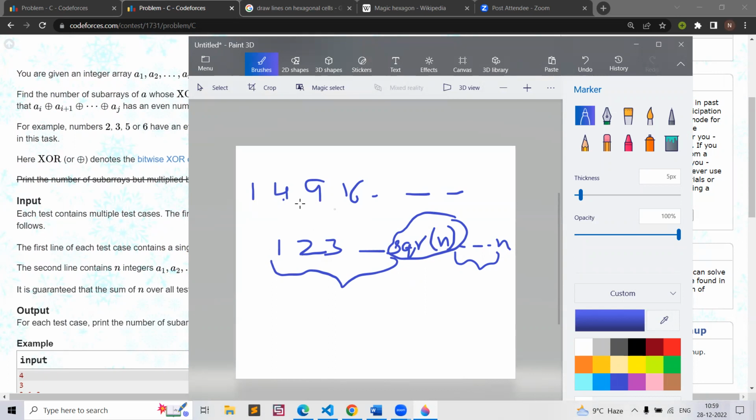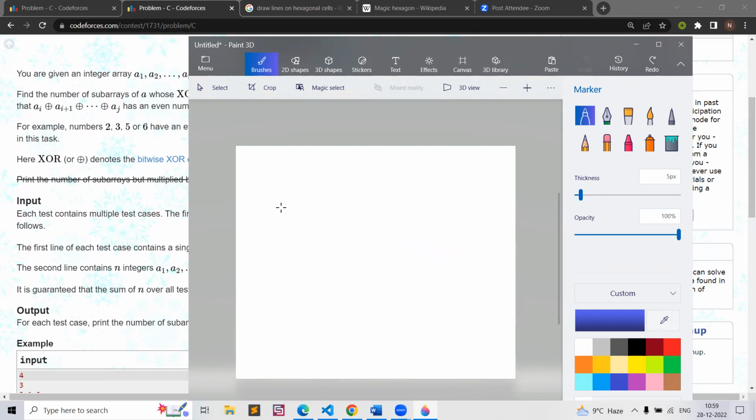For that we can iterate only over, this will be around square root of n. The number of perfect squares will be around square root of n. So we will iterate over all these numbers and find the result.